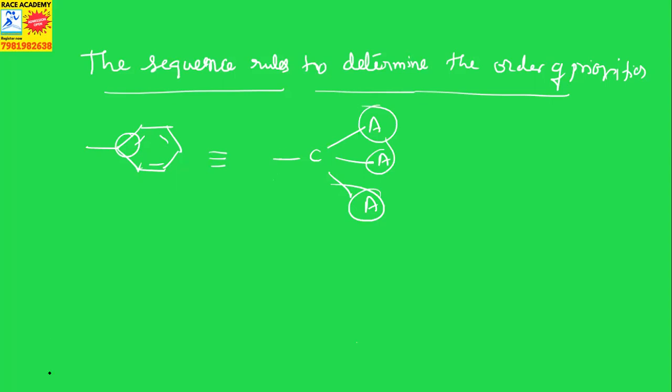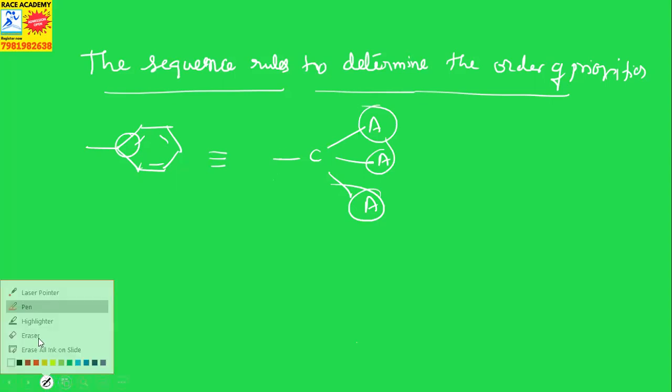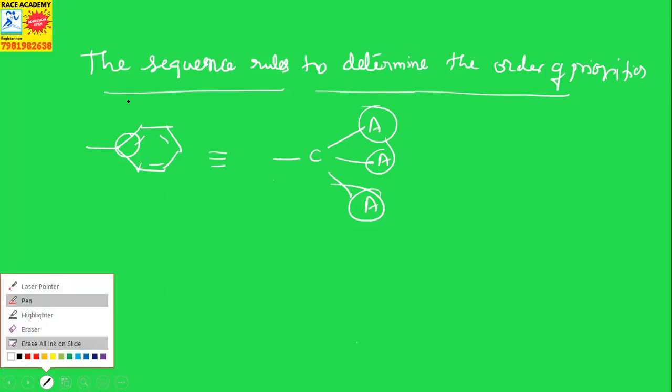Okay, let us see examples on this case. So we will take an example for understanding RS configuration.